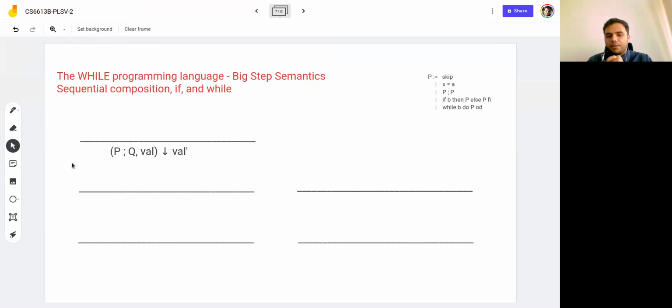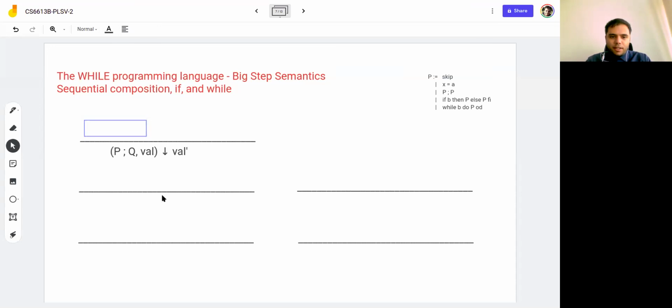What should I write as the requirements of this rule? Any ideas? We only have this new kind of arrow now, which denotes big step execution. So I can use that.